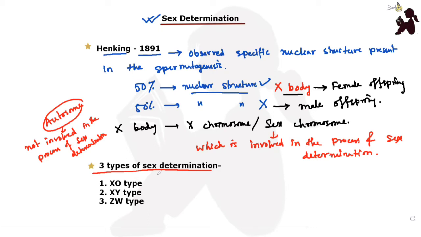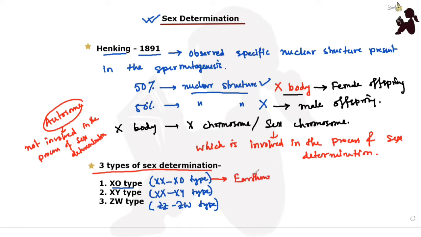Then we will study the 3 types of sex determination. Those are the XO type, meaning XX or XO type; the XY type, meaning XX, XY type; and lastly the ZW type, meaning ZZ, ZW type. The first type, the XO type, we can see in the earthworm and insects.